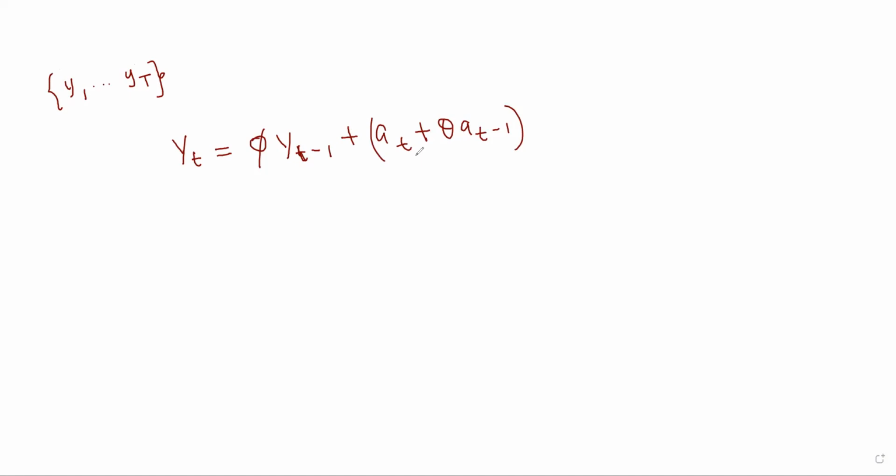That's how it looks. So this is ARMA 1-1, where all your At follow, let's say, Normal(0, sigma squared).